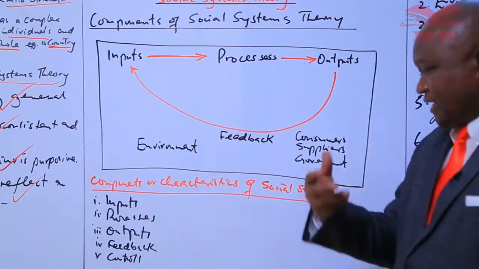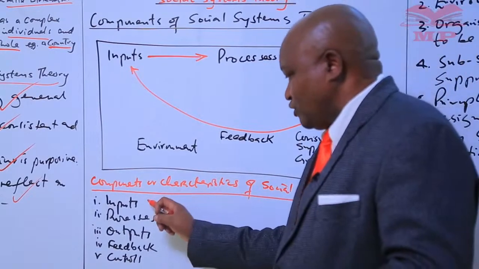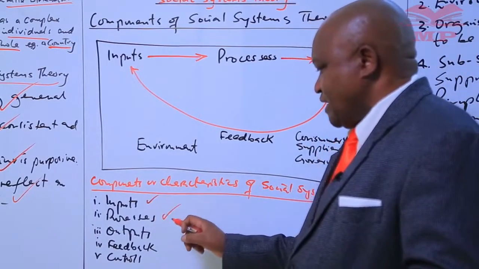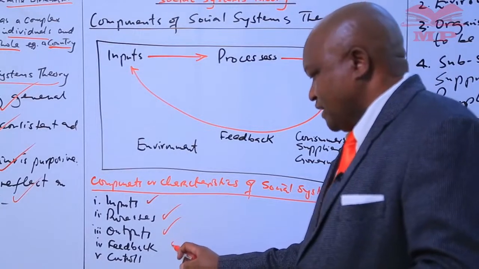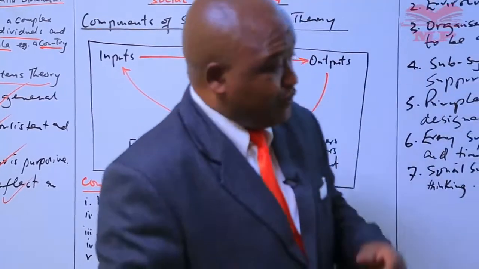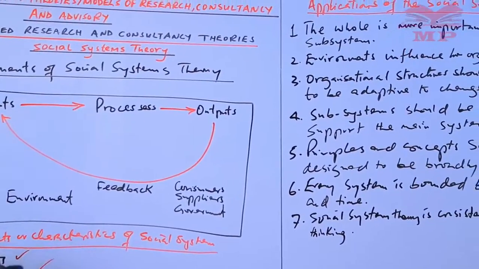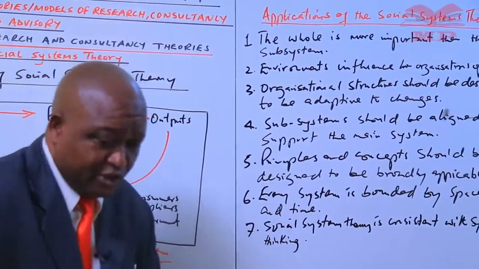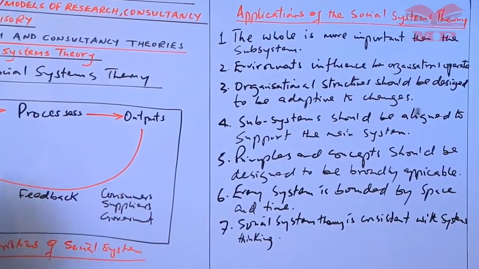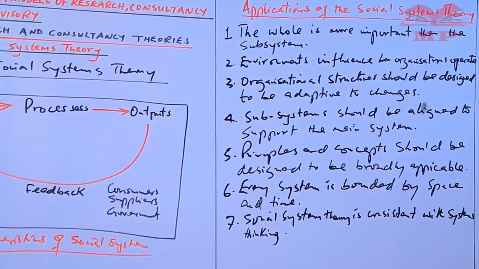The components and characteristics of a social system are inputs, processes, outputs, feedback, and controls within the system. And then we have also, Lana, looked at the applications of the social systems theory, where we have looked at 7 of the applications.